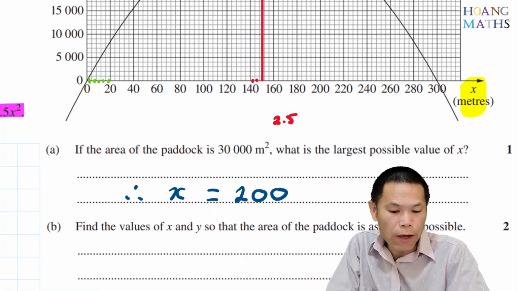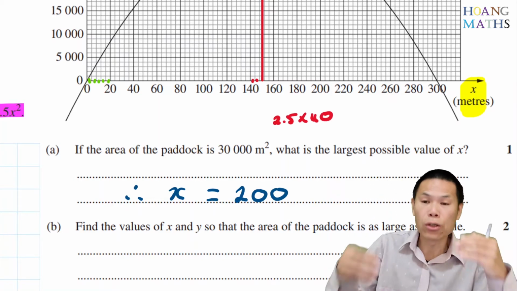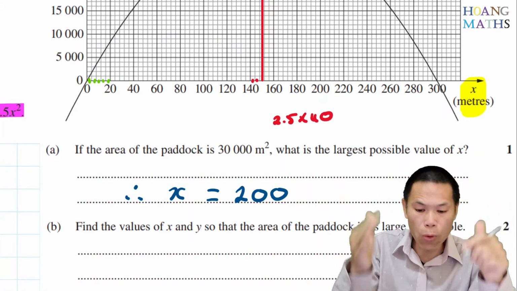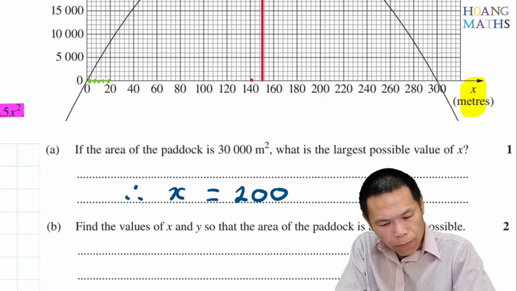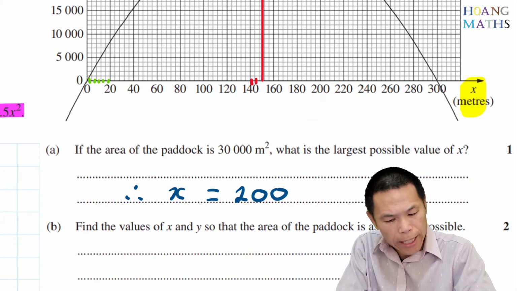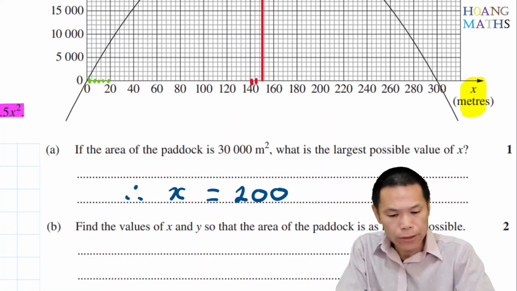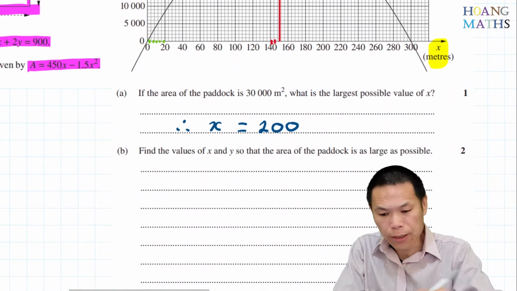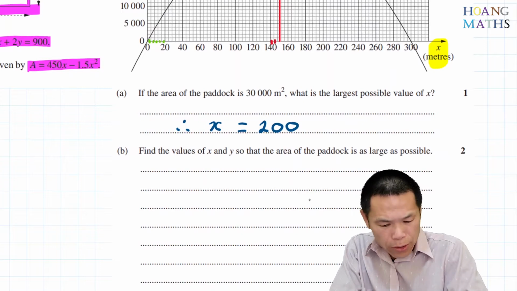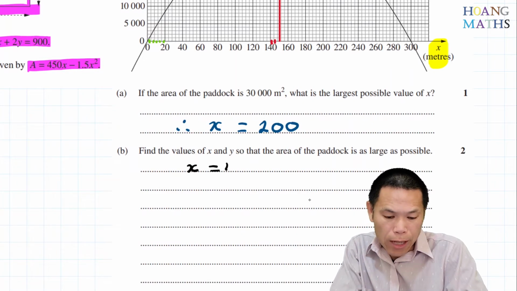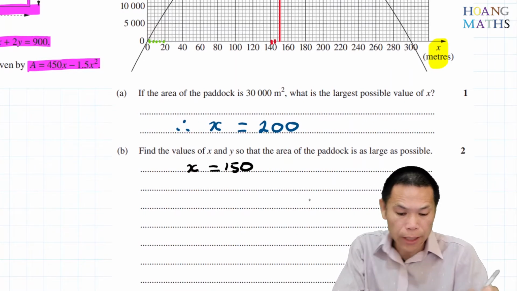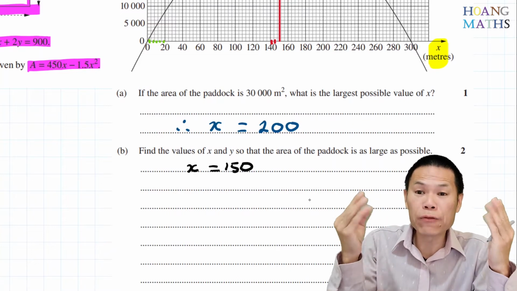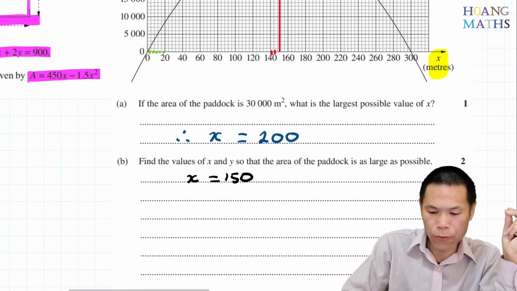So 2.5 times 4, or you can just count 4, 8, and add another 2, so 10. So 140 plus 10, so 150. So let me just write this down. So X is equal to 150. That is where it gives the maximum area from the graph, okay?